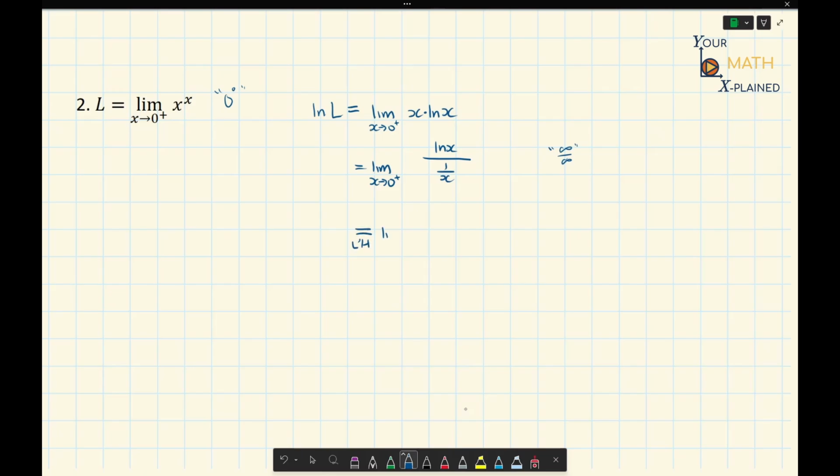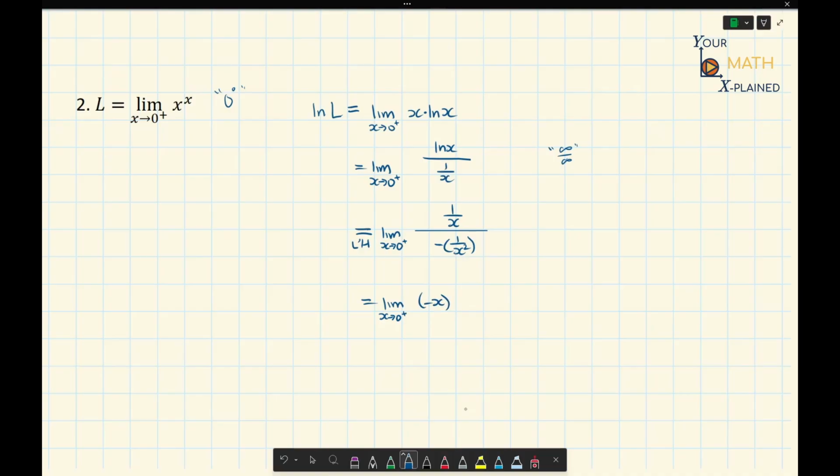And that is going to give us limit as x approaches 0 from the right-hand side of our numerator is now going to be 1 over x, and then our denominator is going to be negative 1 over x squared. Simplifying this is going to give us limit as x approaches 0 from the positive side of negative x.